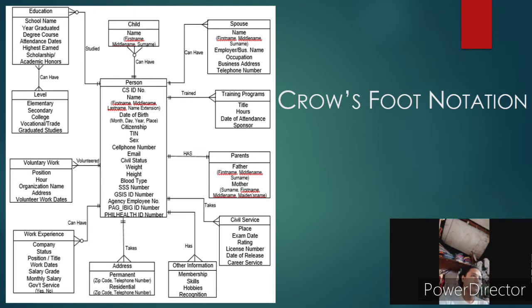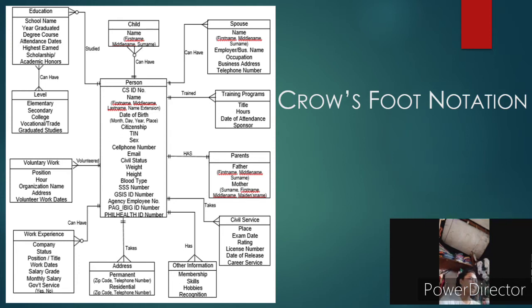So the entity person also takes civil services, and the civil service has the attributes place, exam date, rating, license number, date of release, career service. The person also has a relationship to voluntary work, which the person volunteered in.